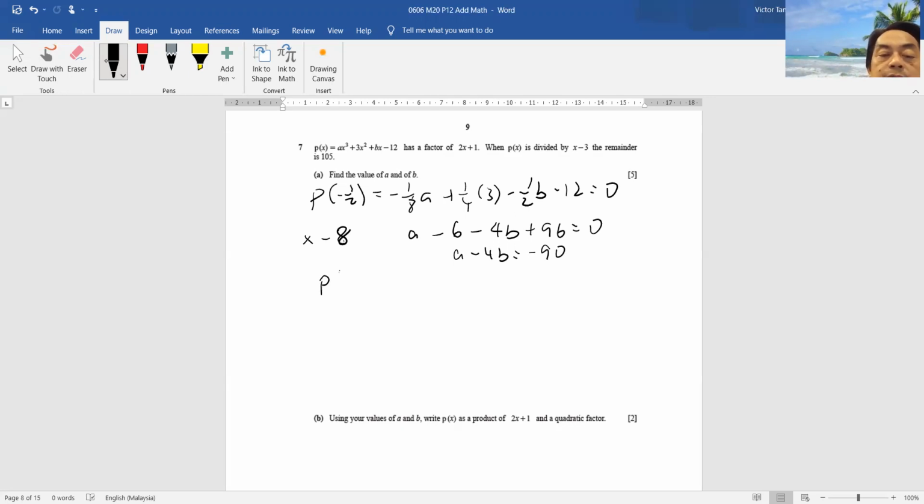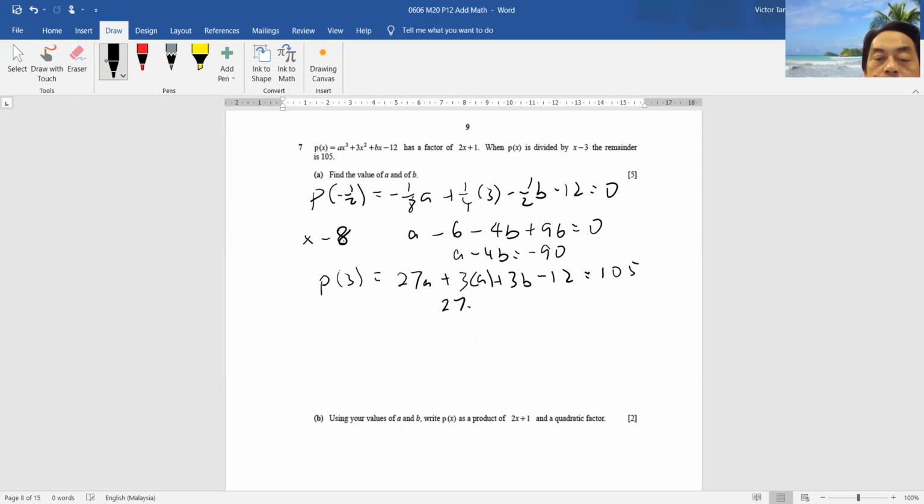Divided by x minus 3. So P of 3, the remainder should be 105. So it must be equal to 105. 3 cubed is 27. So it's 27a plus 3 squared is 9, so 3 times 9 plus 3b minus 12 equals 105.